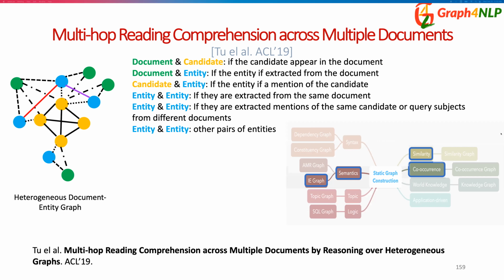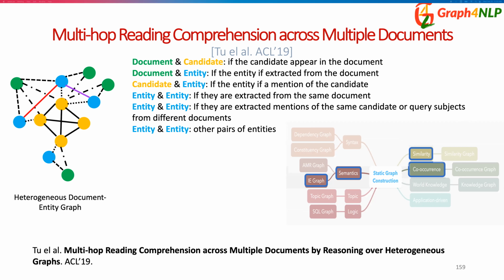As you can see, the heterogeneous document entity graph contains 3 kinds of nodes. So we have document nodes, candidate nodes, and entity nodes, and then it also introduces more kinds of edges. If you remember what we discussed earlier, there were 4 types of edges. Here, there are 3 types more.